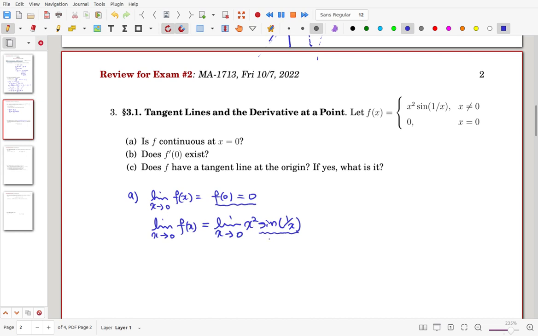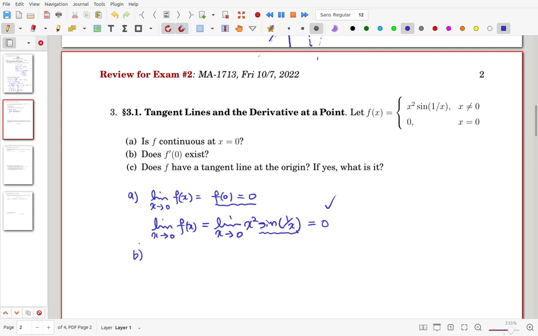However, the value will be between minus 1 and 1. Now x approaches 0, so x squared approaches 0 quadratically, rapidly, so the whole multiplication will approach 0, so the limit is 0. So the limit exists, f is defined at 0, and the values are the same, so it is continuous at 0.